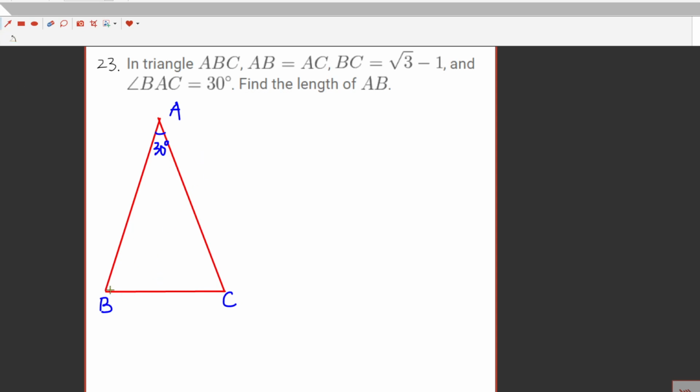So probably you can draw an extra line here. Let's try this. So we could draw BH.